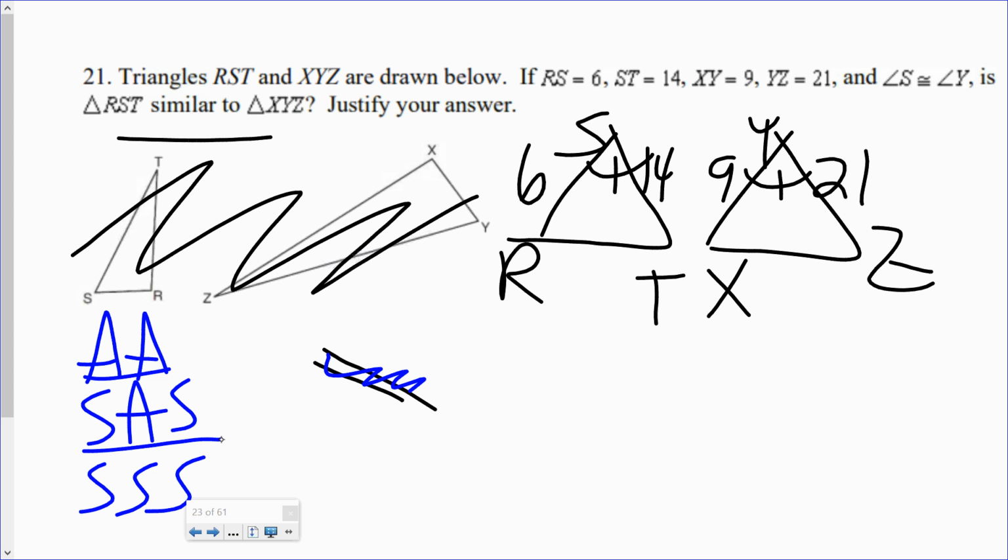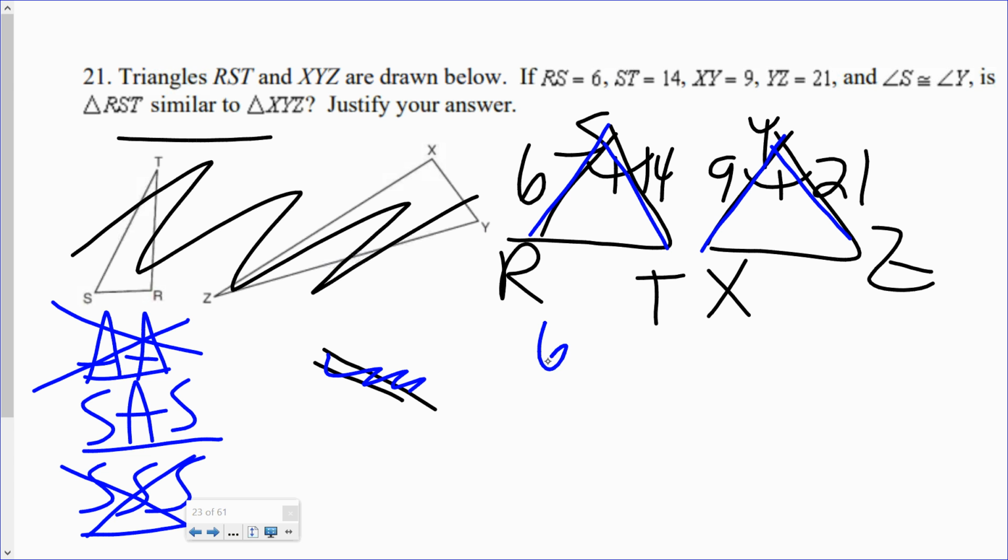SAS, 2 pairs of corresponding sides are in proportion, and the angles between them are congruent. SSS, 3 pairs of corresponding sides are in proportion. So based on the information we have here, the only possible method would be SAS, because I have 2 pairs of sides and the angle in between them. Just because I have some sides labeled doesn't make the triangles similar. I have to determine if the sides are in proportion.